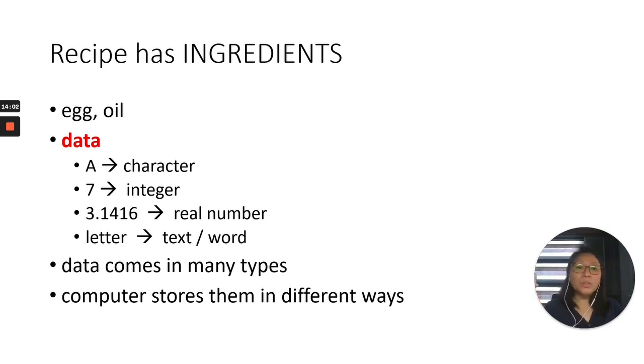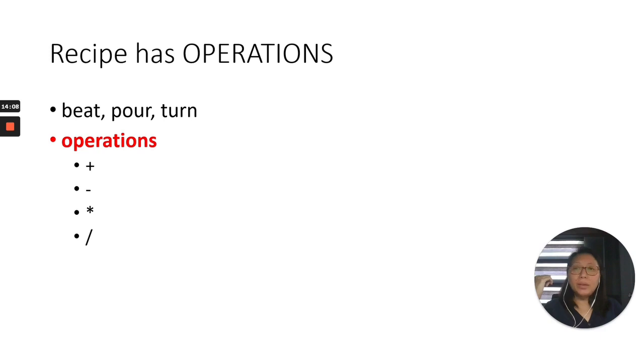That's why computers store them in different ways. A recipe also has operations. In cooking, it's like fry, slice, beat, turn. But in computer programming, these may be operations such as addition, subtraction, multiplication, and division.